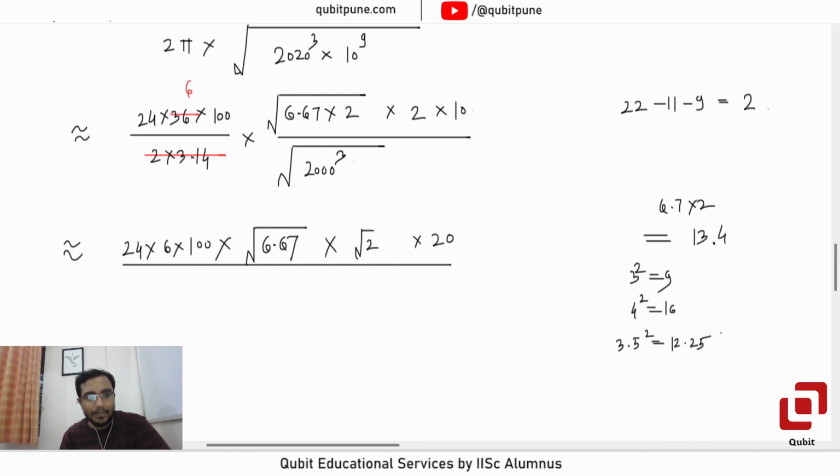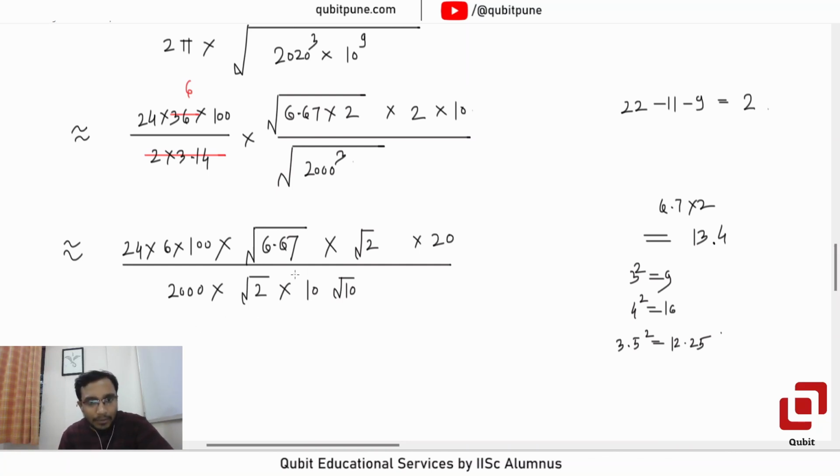Now look, this is root of 2000 cube, so that already has 2000 squared in it. So let us take that 2000 outside. What we have inside is square root of 2000, so it is root 2 into 10 root 10. Am I right? Yes.